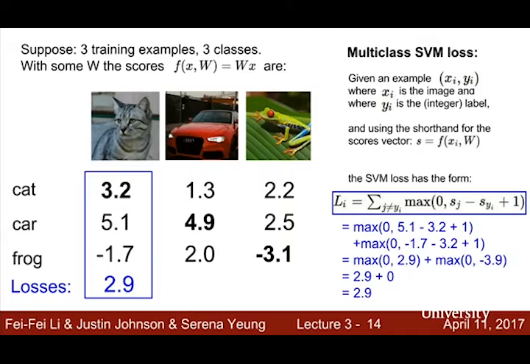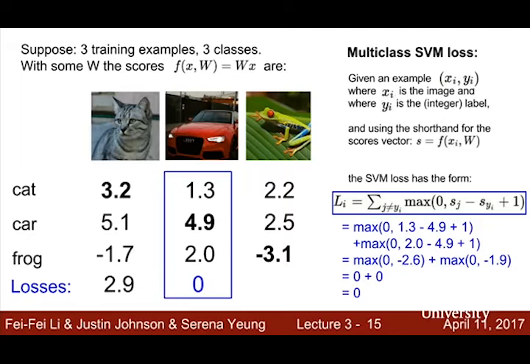So cat is more than 1 greater than frog, which means that between these two classes, we incur 0 loss. The multi-class SVM loss for this training example is the sum of the losses across each of these pairs of classes, which is 2.9 plus 0, which is 2.9. That is a quantitative measure of how much our classifier screwed up on this one training example.